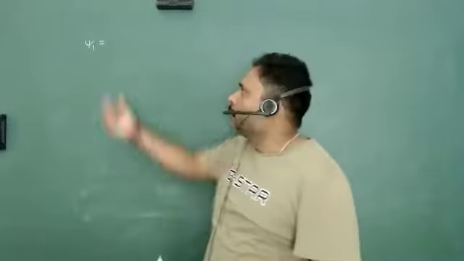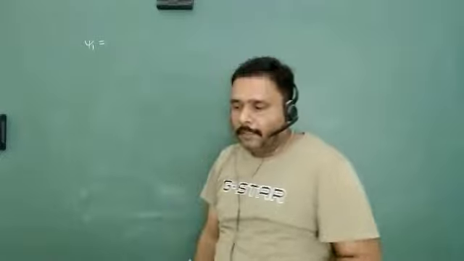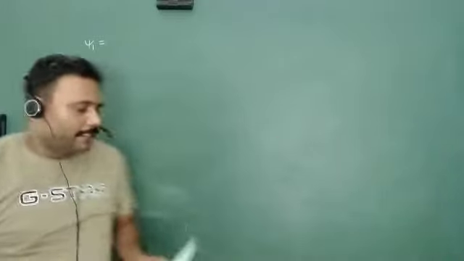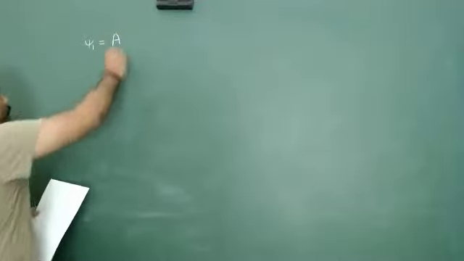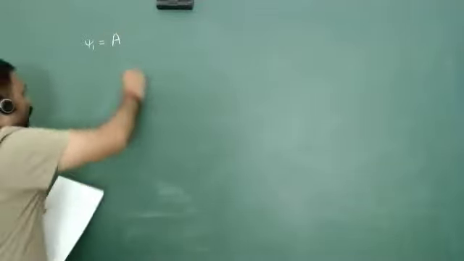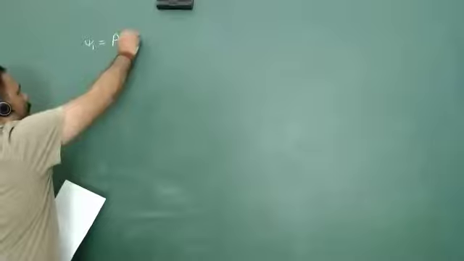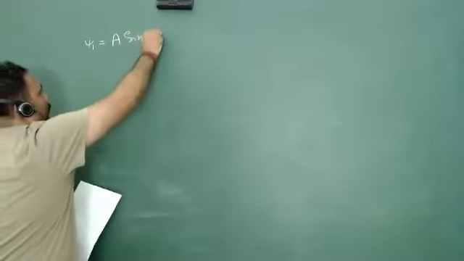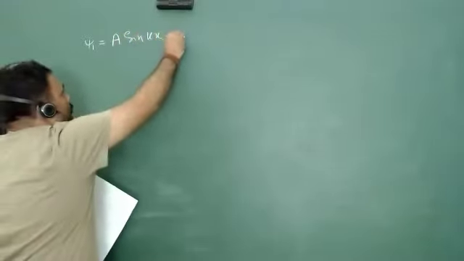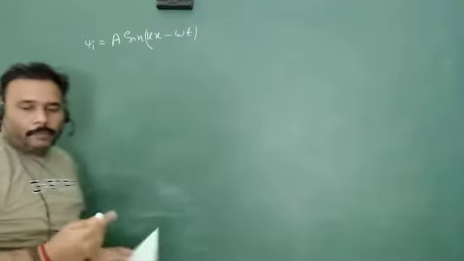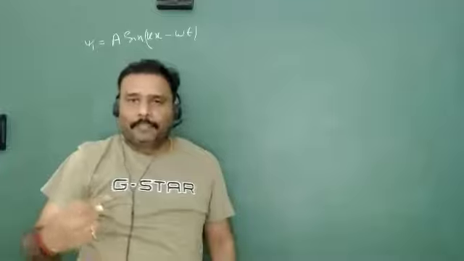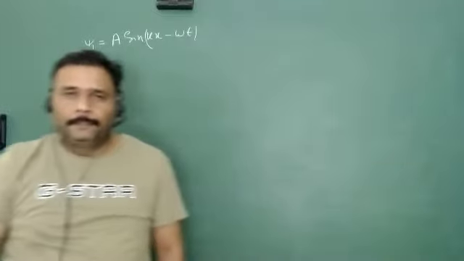No, I am using a matter wave, and suppose one matter wave is psi 1, and it is a wave, so I can take something like, very simple stuff, A sine kx minus omega t, and k, you know, is 2 pi upon lambda, so the de Broglie wavelength is associated.